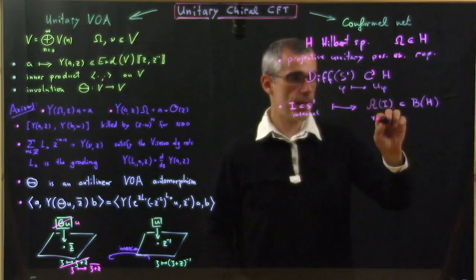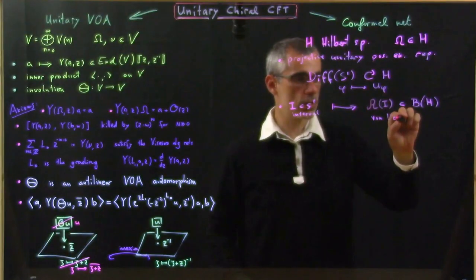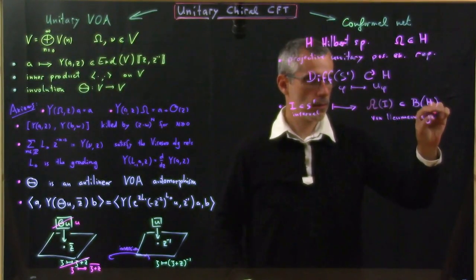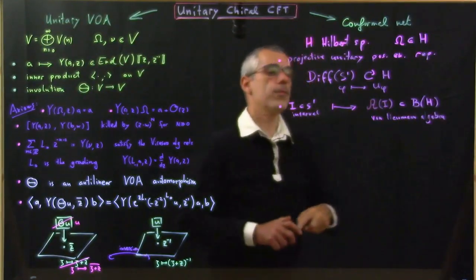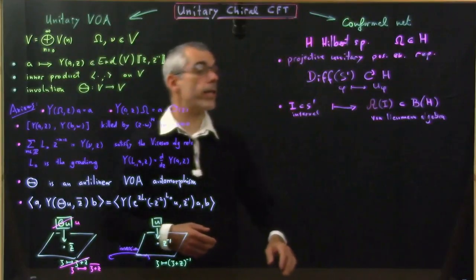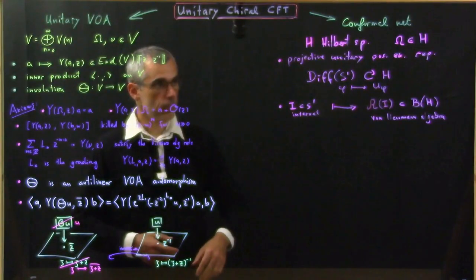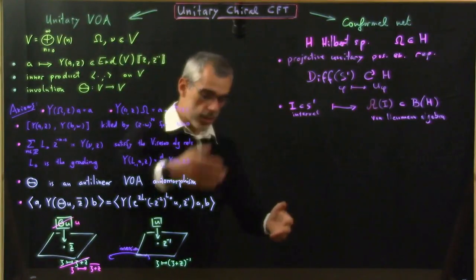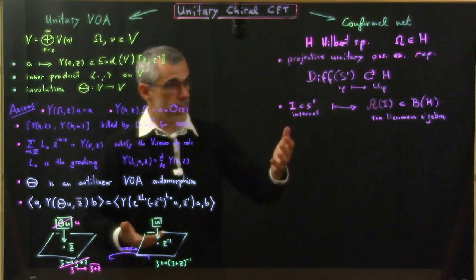And being a von Neumann algebra means that it's closed under a certain topology on B of H known as the weak operator topology. And these data are subject, as usual, to a set of axioms.